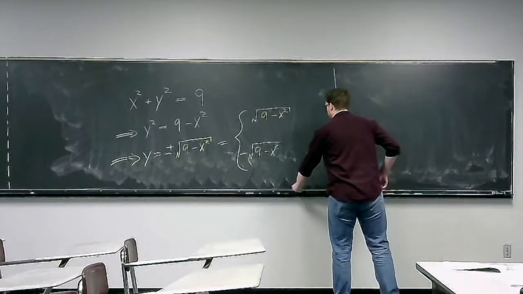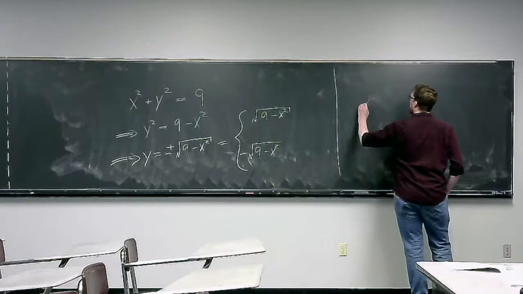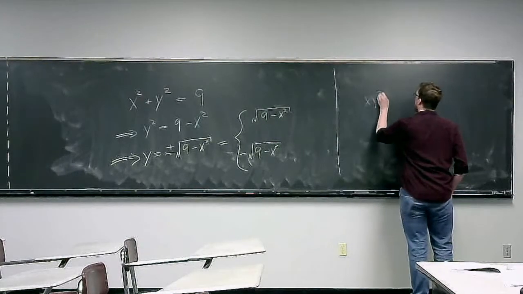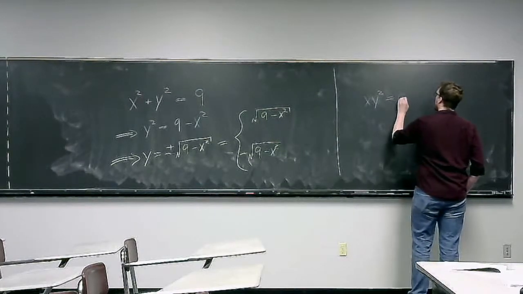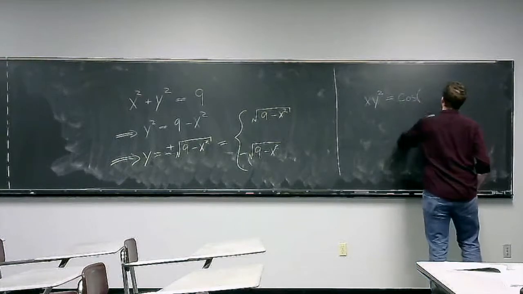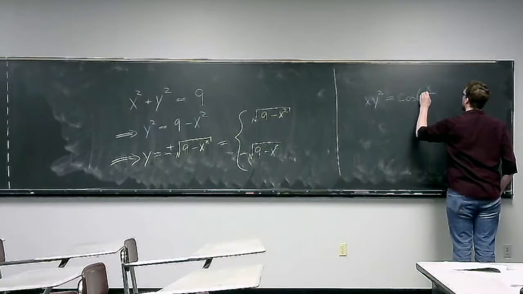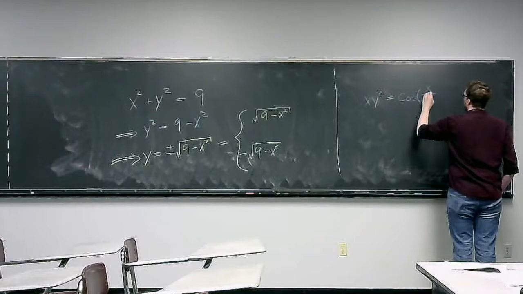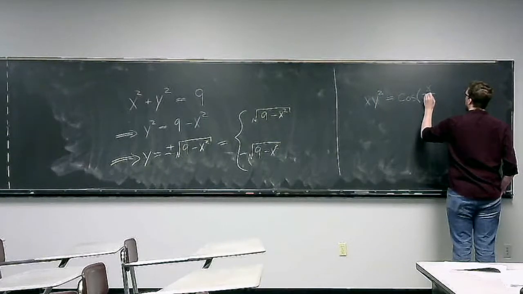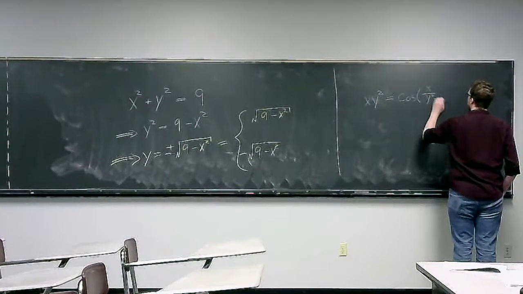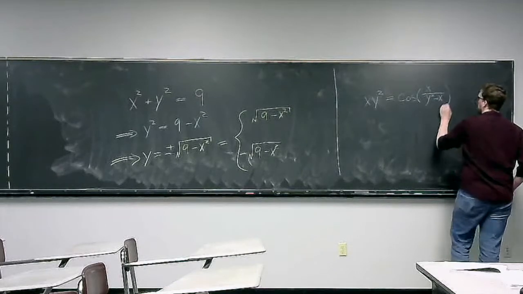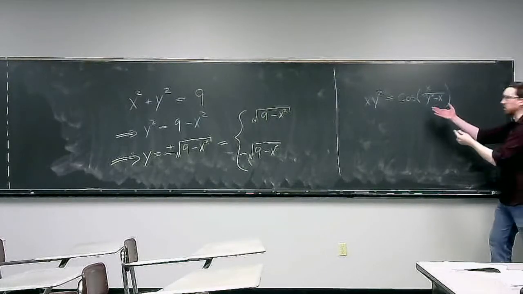For example, maybe you have xy squared is equal to cosine of x over y squared minus x. I don't know. Something ugly. This is brutal.